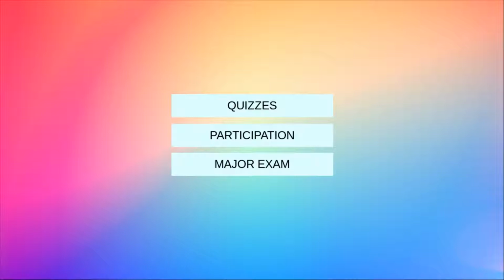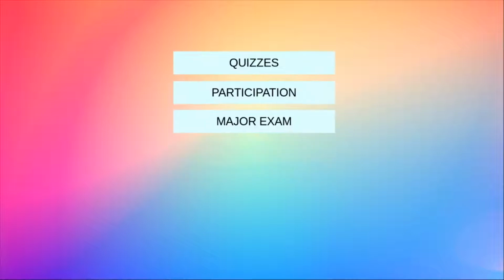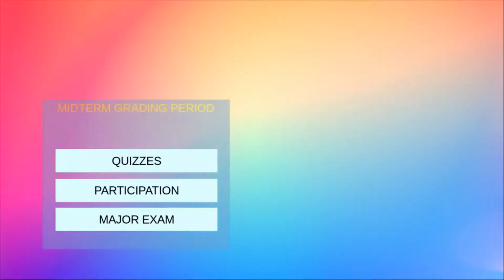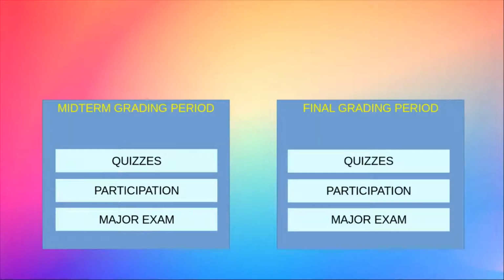And for each grading period, which is midterm and final, they also have their own set of grading components, namely quizzes, participation, and major exam. So practically, what we have is 6 categories, such that we have 3 grading components within 2 grading periods.